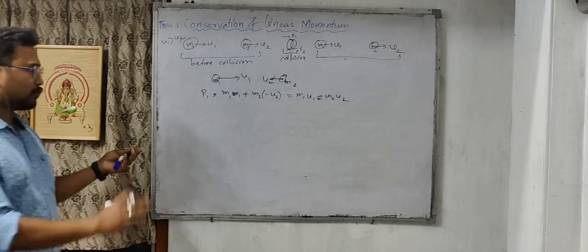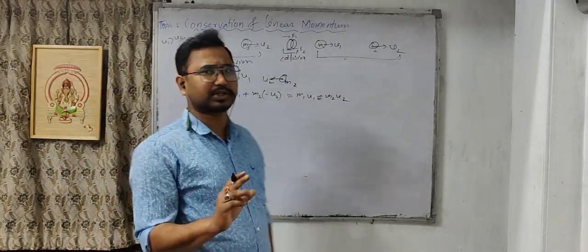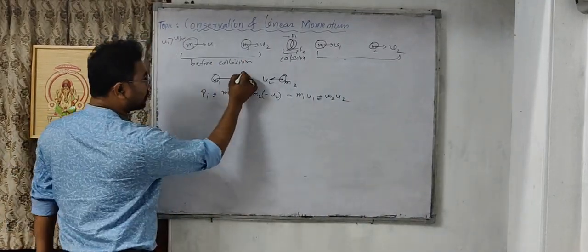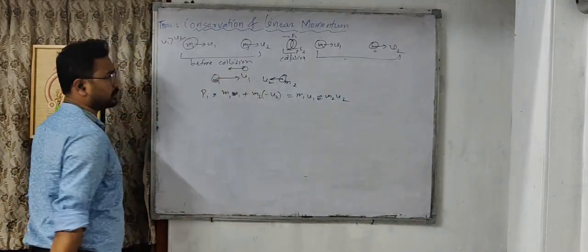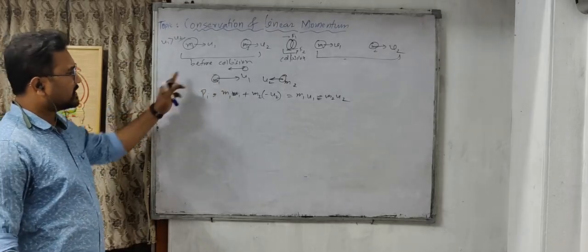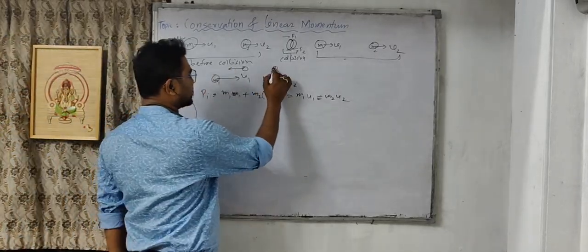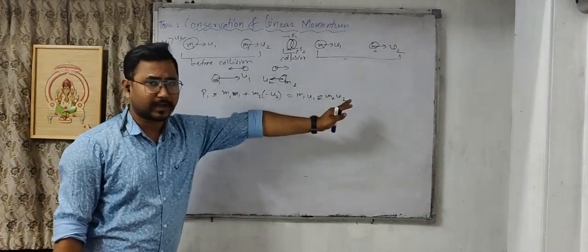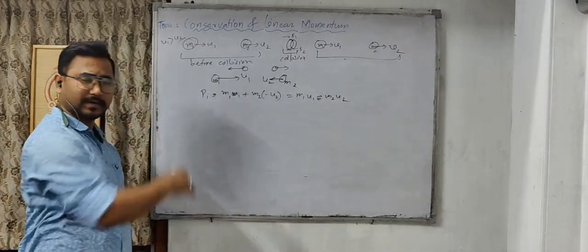Now after collision, it will be given in the question paper. Suppose M1 is moving in one direction and M2 is moving in the other direction. According to our sign convention, one direction is positive and the opposite direction is negative.